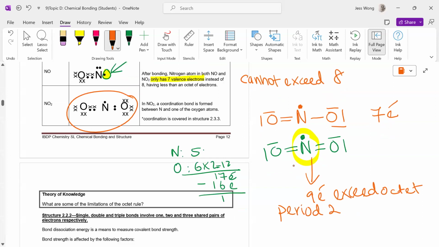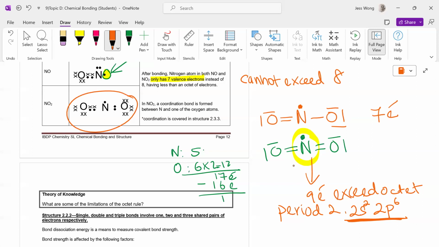Why can't period 2 elements have more than 8 electrons? Because if you remember your atomic structure, period 2 has orbitals 2s and 2p, 2s2, 2p6. That's the maximum that you can put into period 2, so it can hold only a maximum of 8 electrons.